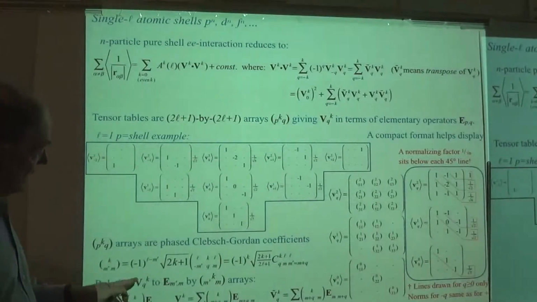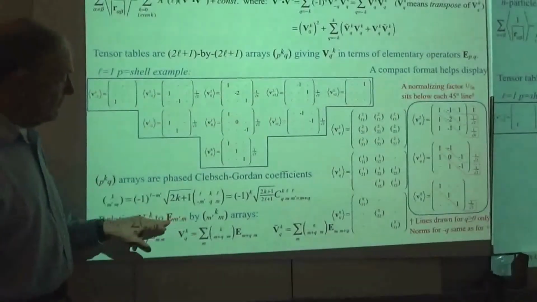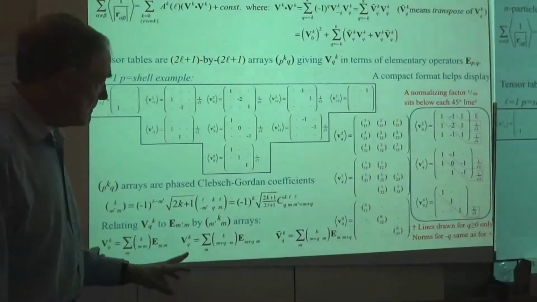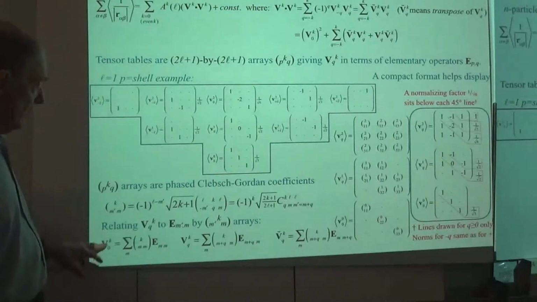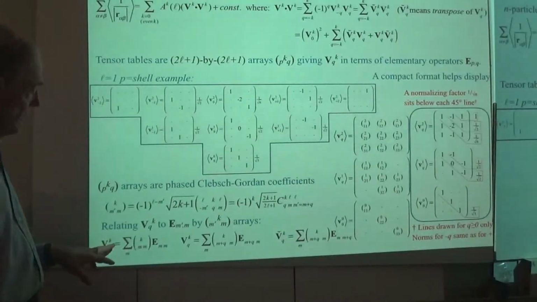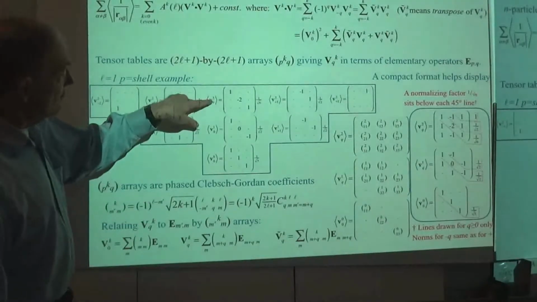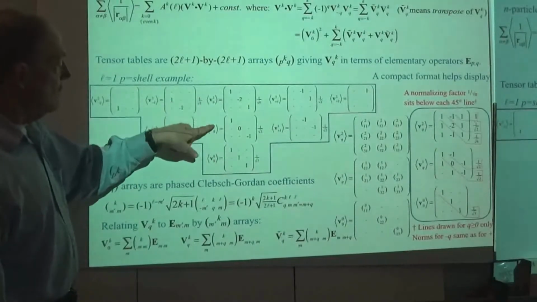So we're relating the tensor KQ to the elementary ones by these arrays. That's what these arrays do. And we're interested in both. This one's really easy, where the m's are equal at the bottom. That's the diagonal part of this thing. Those are the tensors with q equal to 0, the ranks 2, 1, and 0.